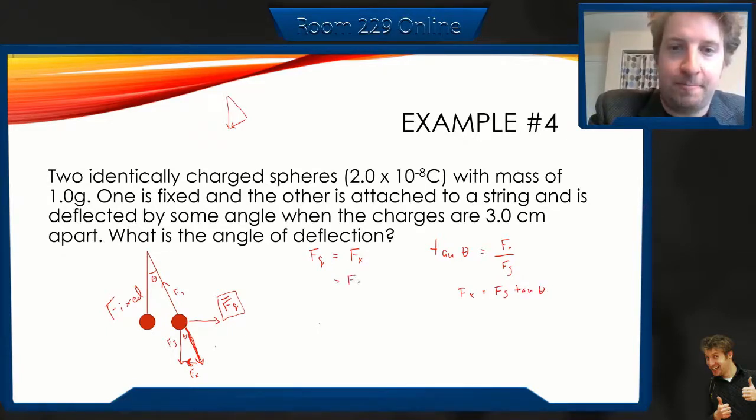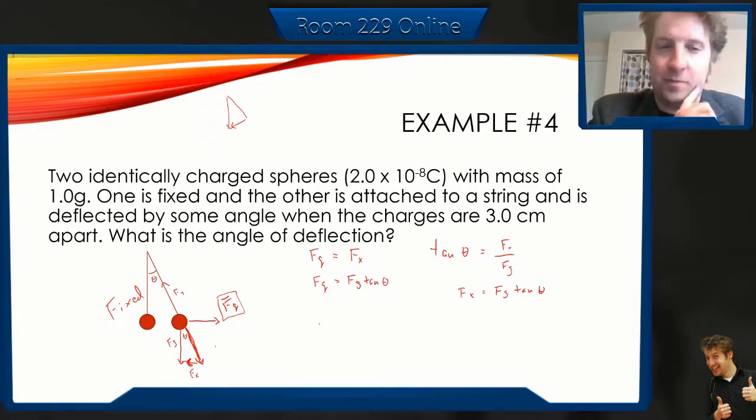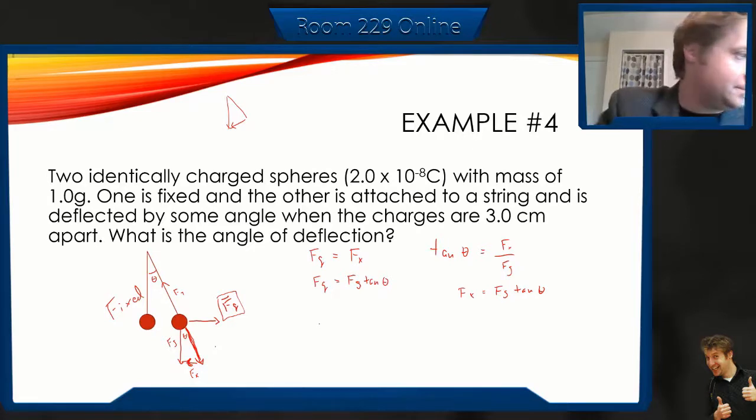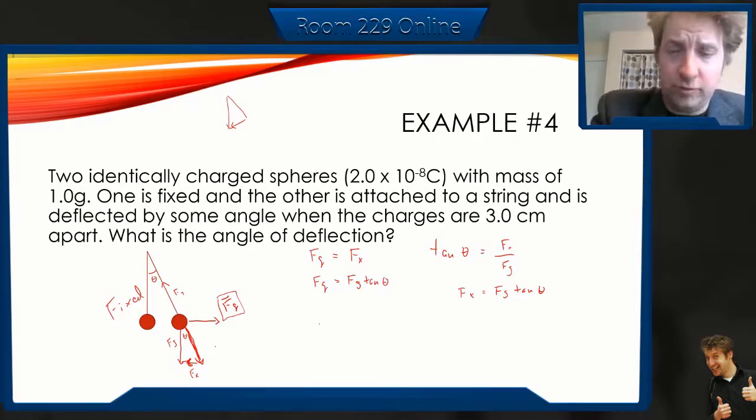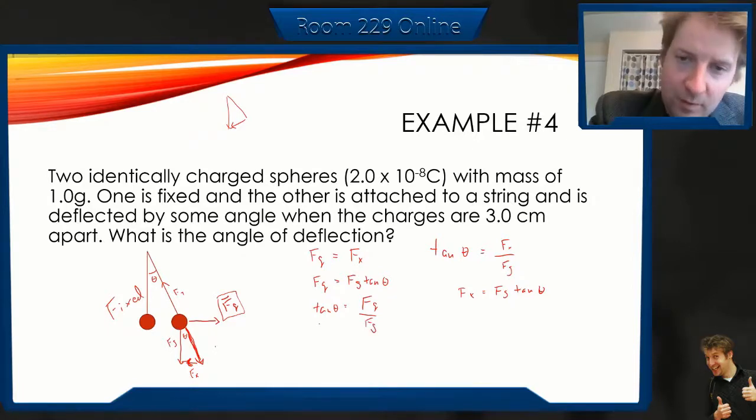Write that here. Fg tan theta is equal to Fq. All right? So, rearranging this, tan theta will be equal to the repulsive force divided by the attractive force, Fg.